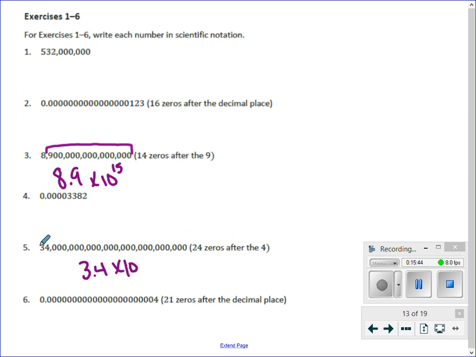There's 24 zeros and then the 4, so it's 25. We moved it left, which is a positive 25. This one is 4, because we want the decimal place right here, times 10. There's 21 zeros and then another one, which would be 22 for the 4. But we move the decimal place right, so it's a negative 22. This is a small number, a negative exponent.